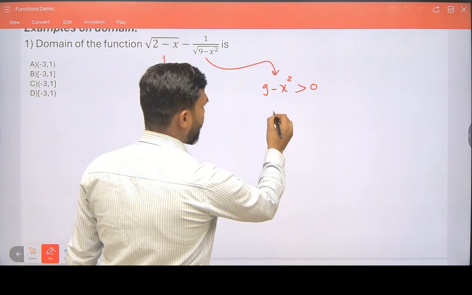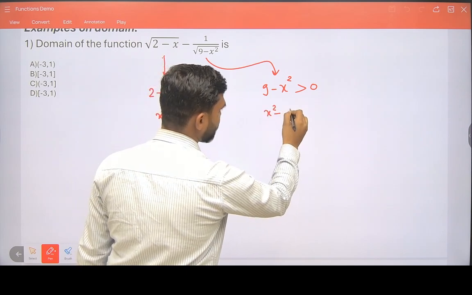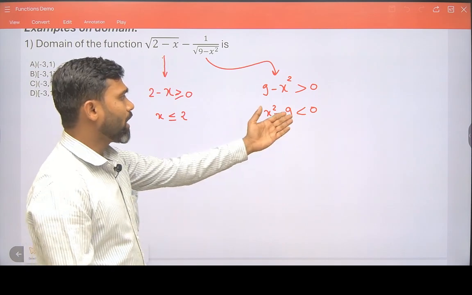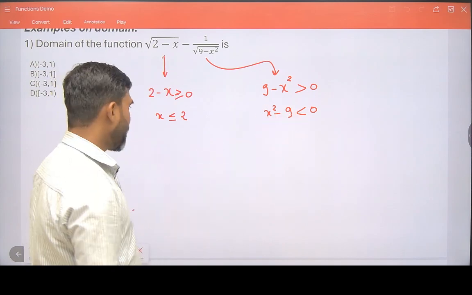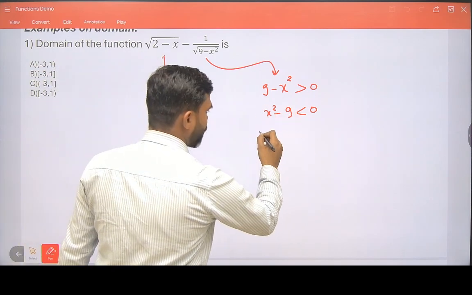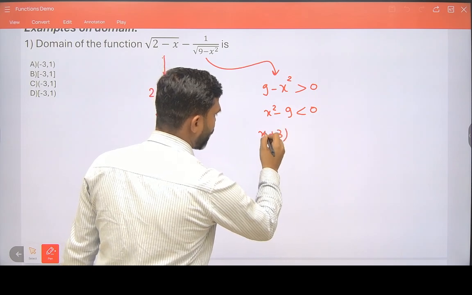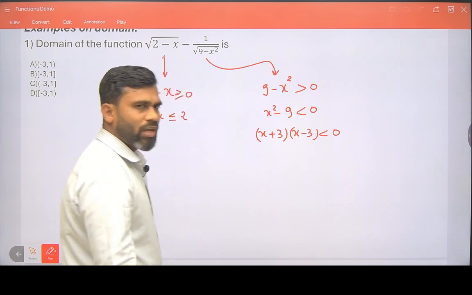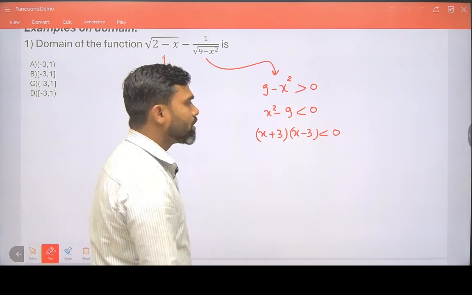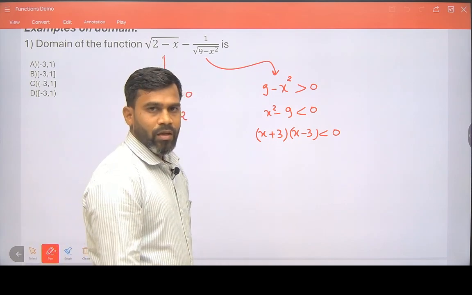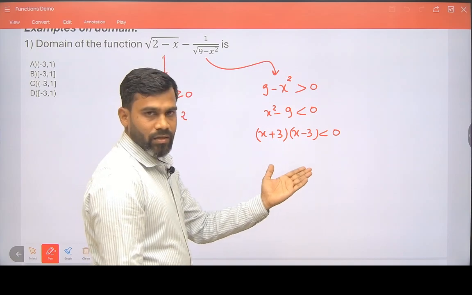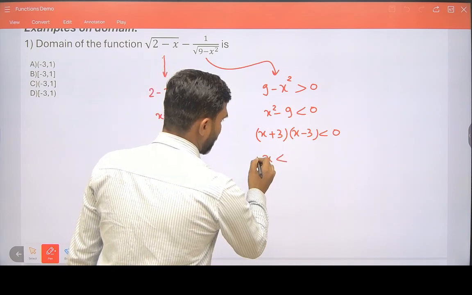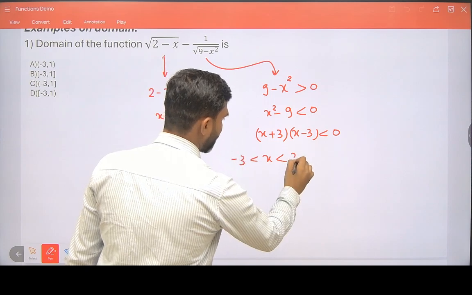And here, x square minus 9 less than 0. If you multiply by a minus sign, then the inequality gets reversed, right? Now from here, if you solve, it is x plus 3 into x minus 3 less than 0. Using the wavy curve or the simple rule of inequality, you will get it from minus 3 to 3.